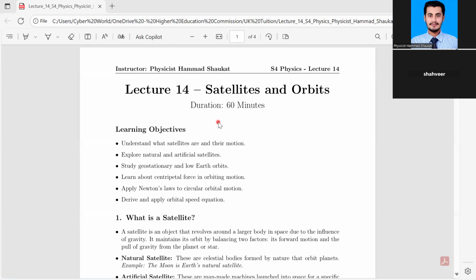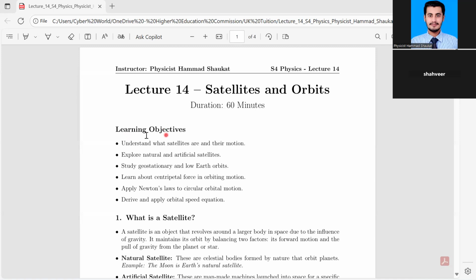Every planet is revolving around the Sun, and there are some other satellites also that are revolving around our Earth, like the Moon. The Moon is also one of the satellites that is revolving around our Earth. So we see some difference between types of satellites, and we see the difference in how they orbit around different objects. So this is all about our today's lecture.